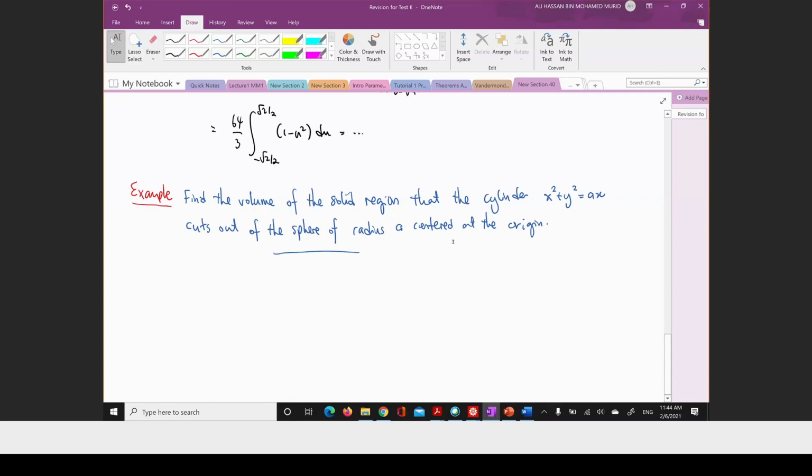Find the volume of the solid region that the cylinder x squared plus y squared equal to ax cuts out of the sphere of radius a centered at the origin. So this solid region is the intersection of a sphere and a cylinder.